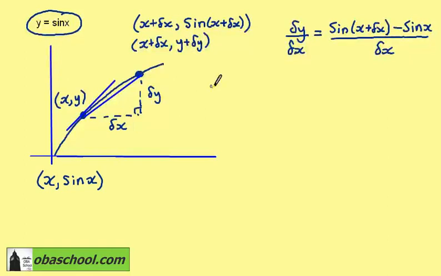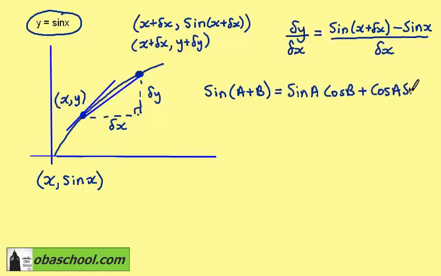So all we've done so far is say that the gradient of this chord is the difference in its y-coordinates divided by the difference in its x-coordinates. And this is something we should know. To deal with this, we need to use a trigonometric identity. The sine of a plus b, we know, is the sine of a times the cosine of b plus the cosine of a times the sine of b.